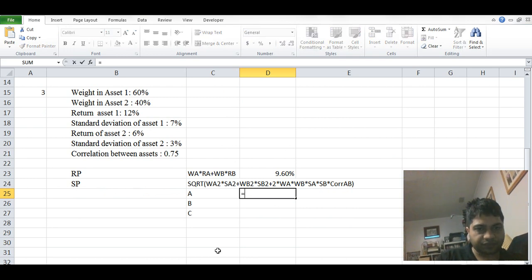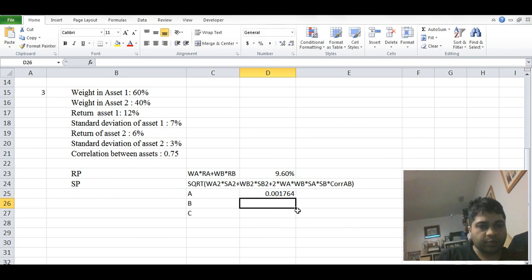Part A is 0.6 whole square multiplied by the standard deviation of asset A, 7%, whole square.